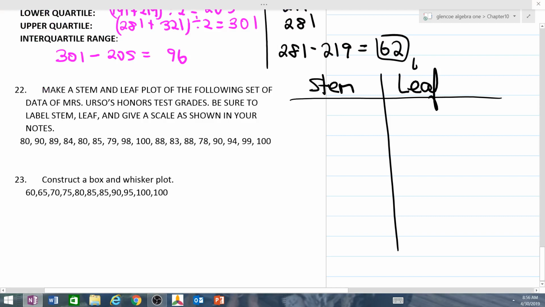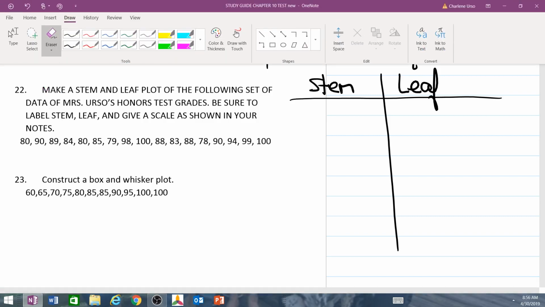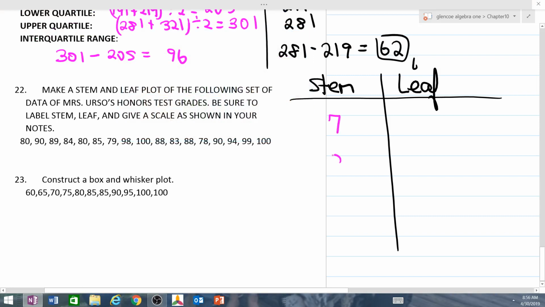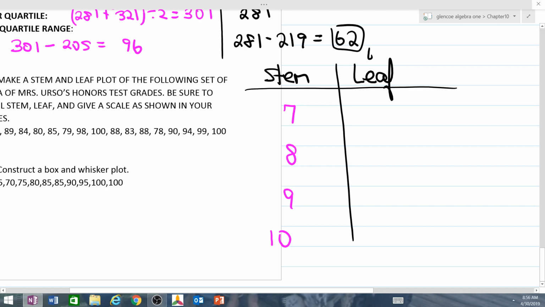Grades range from the 70s to a 100, so I had stems 7, 8, 9, 10. The most important part of any stem and leaf is the key. Because this is read as 80s, 90s, 70s, and so on, my key would be 7|9 equals 79.